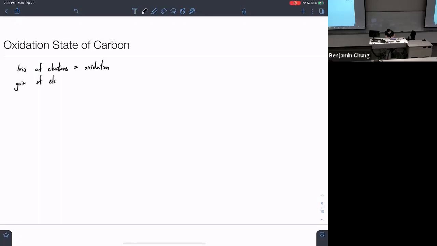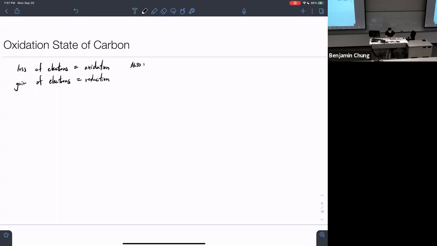Gain of electrons is known as reduction. Have you guys heard of the LEO says GER? Yeah, so that's kind of a way to remember that.